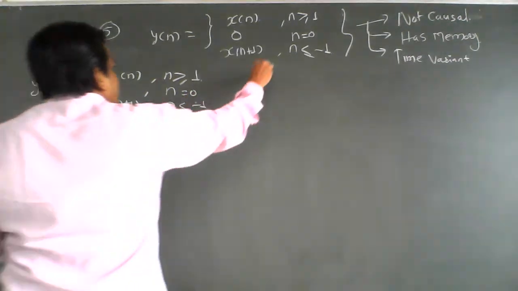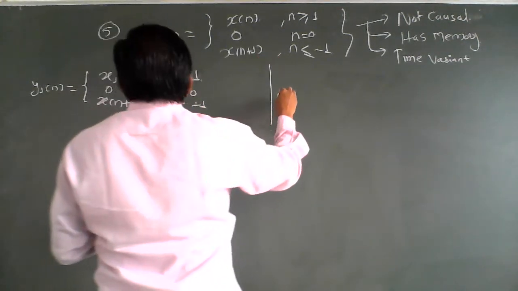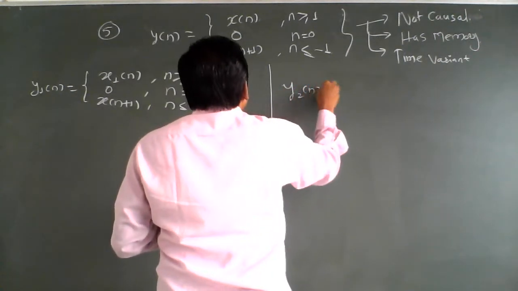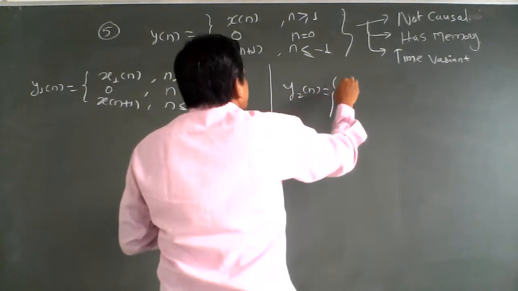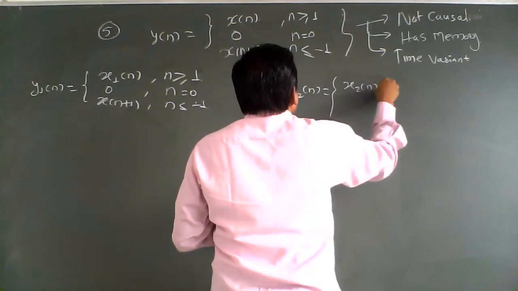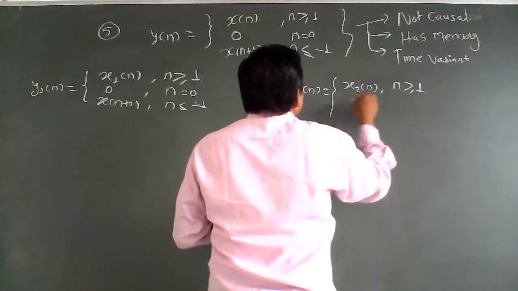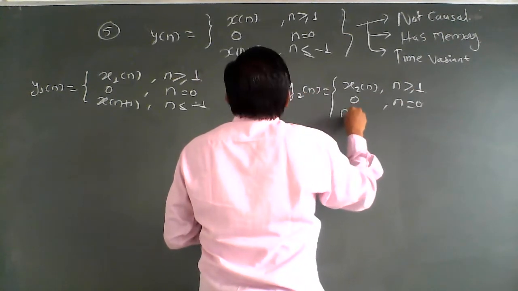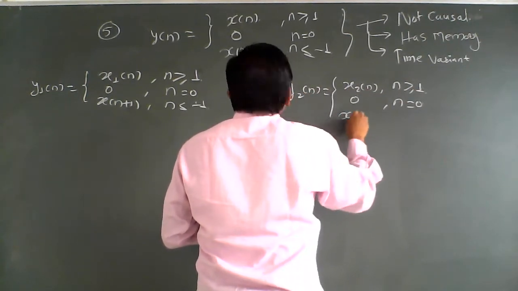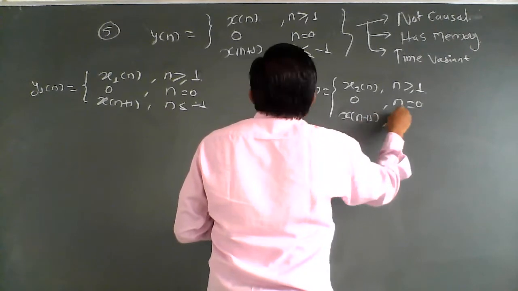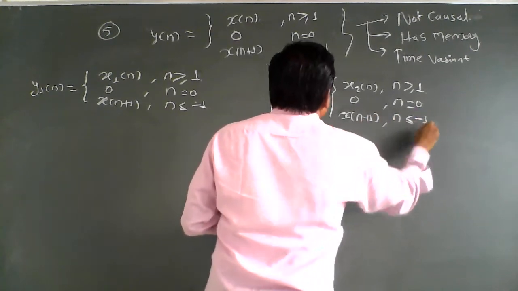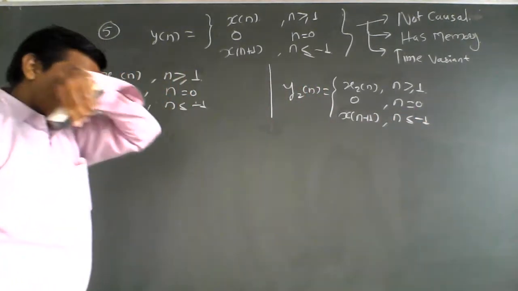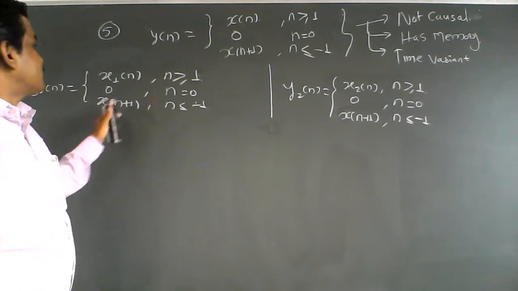Similarly, y2 of n is equal to x2 of n for n greater than or equal to 1, equal to 0 for n equals 0, and equal to x of n plus 1 for n less than or equal to minus 1. So x1 and x2, y1 and y2 we have written.